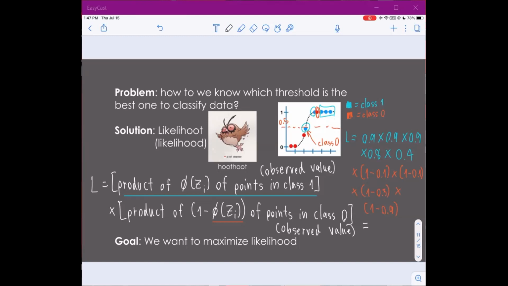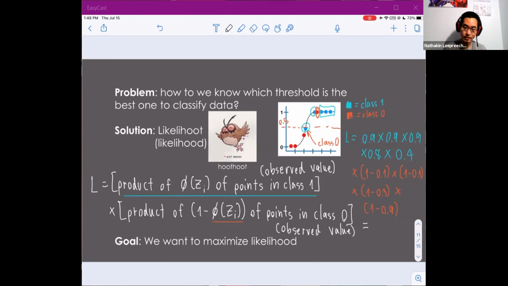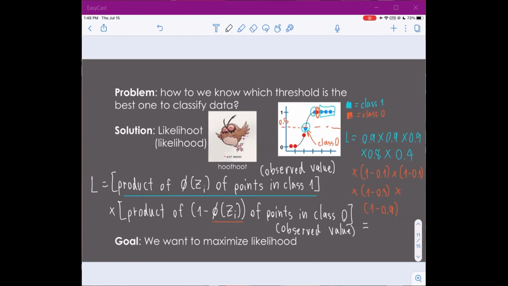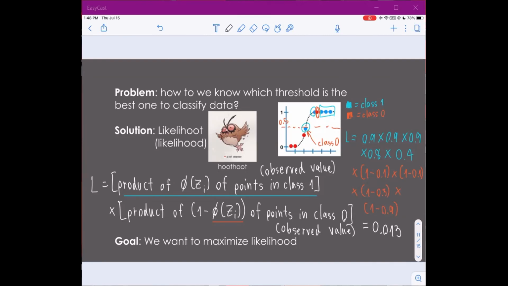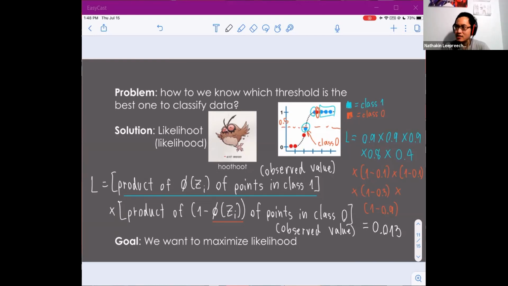Wait, should we write this equation down for later as well, by the way? No, I don't think so, because I don't think you have to memorize it.